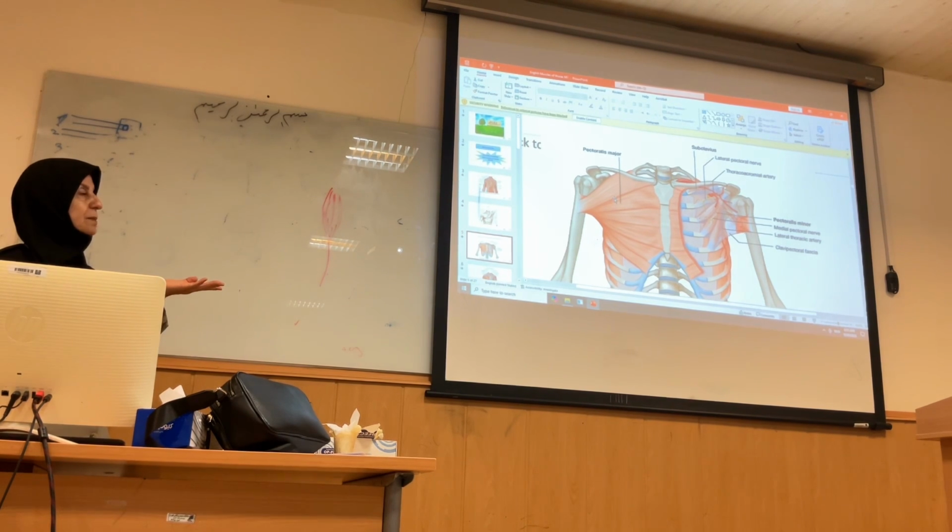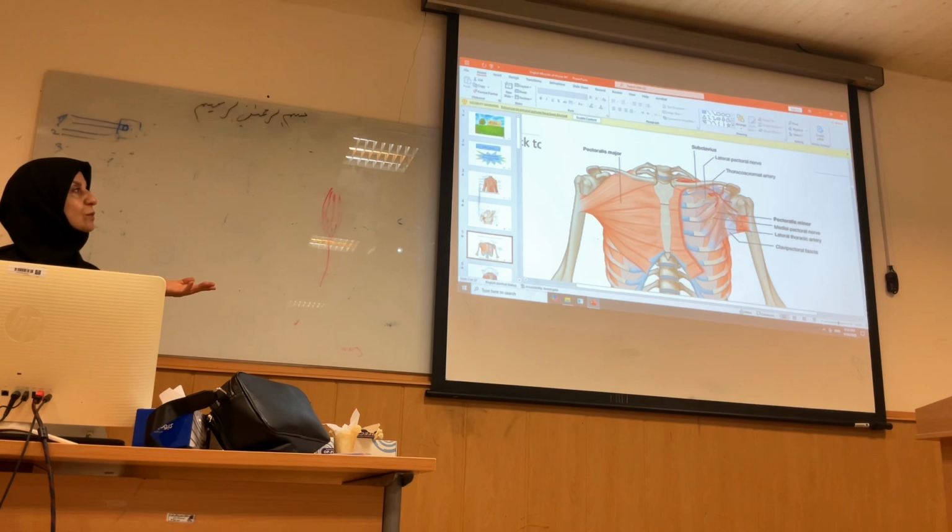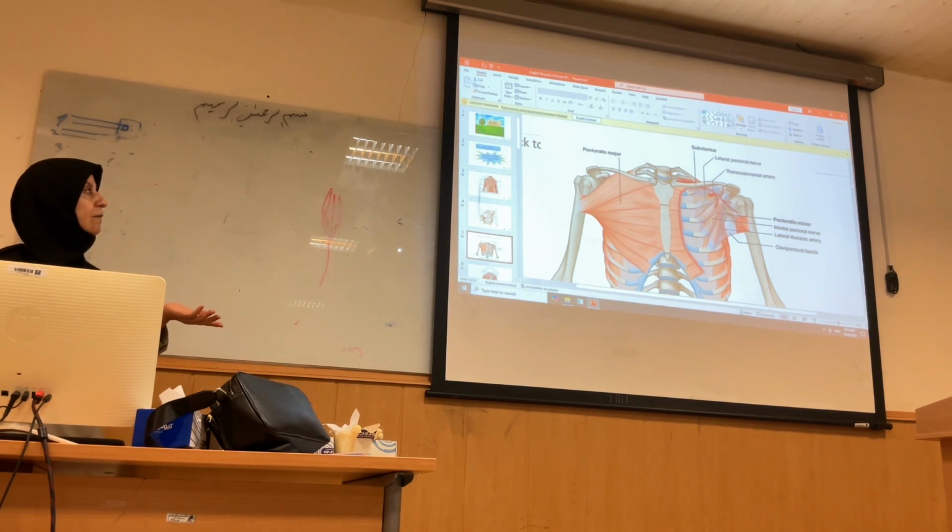About the pectoralis major, some part of the muscle fibers attach to the clavicle. To which part of the clavicle? Anterior border or posterior border? Anterior border. Medial part of the anterior border or lateral part? Medial. And some of the muscle fibers attach to the sternum.